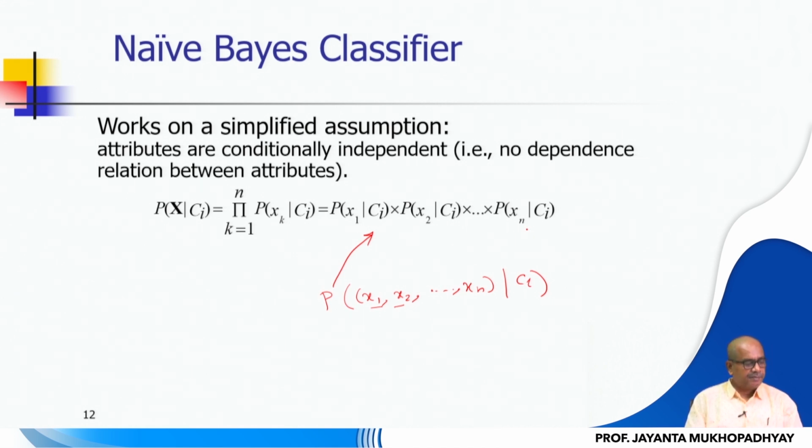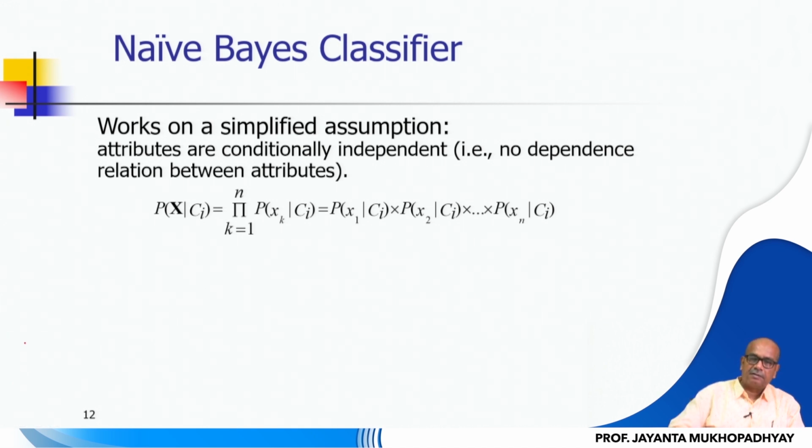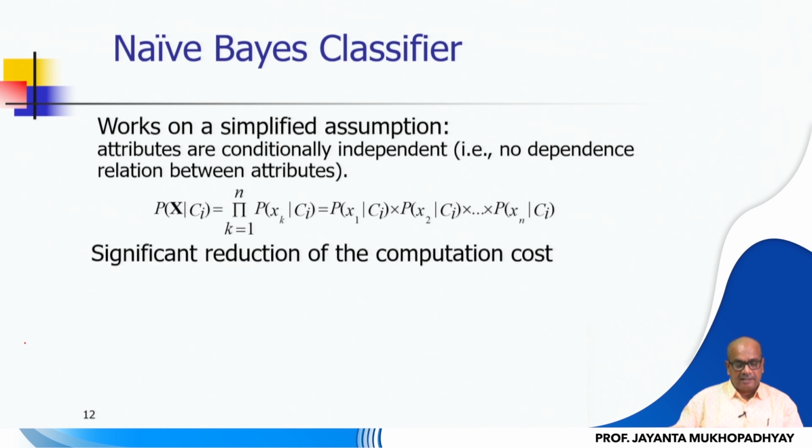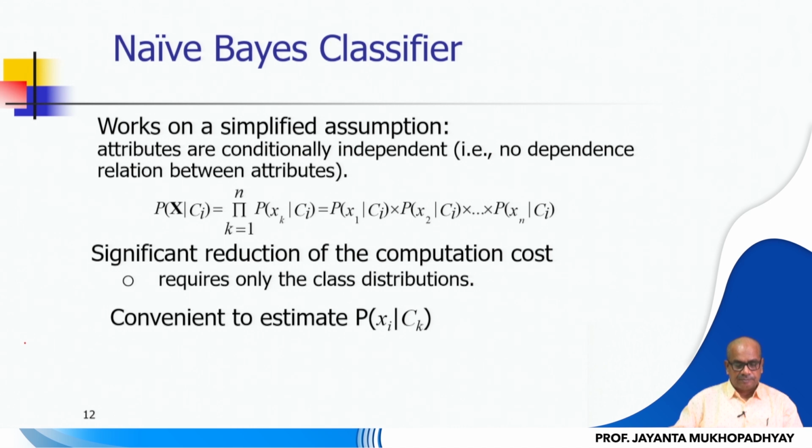So it simplifies your expressions, and you independently observe the distributions of each attribute in a class, and you can use these simple expressions to compute this multidimensional conditional probability. That is the advantage you have, and it causes a significant reduction of the computational cost. It requires only the class distributions for each attribute.